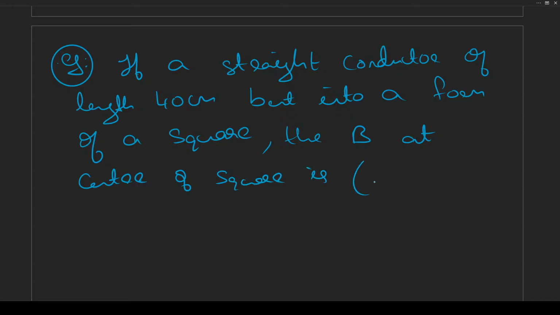They gave 2 ampere current passing through the conductor.